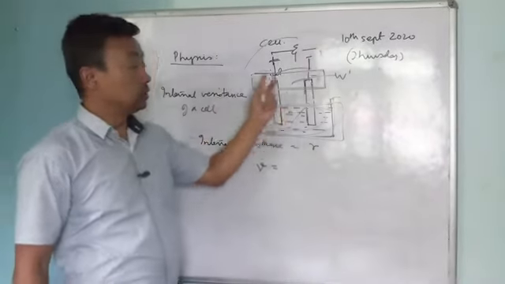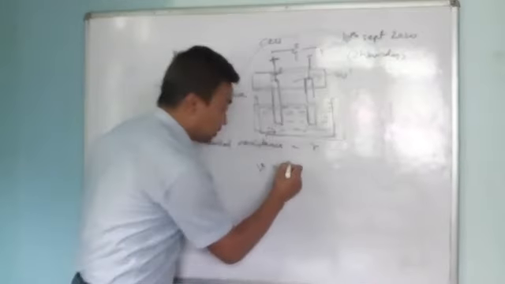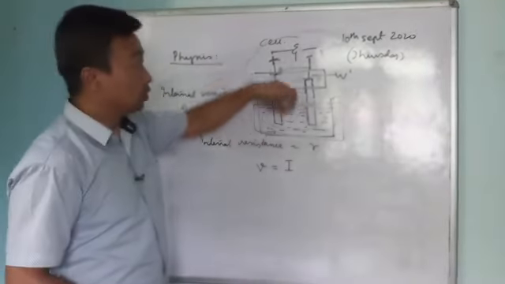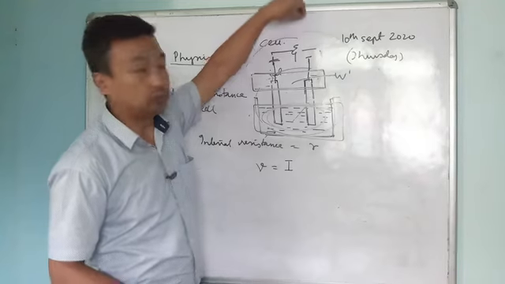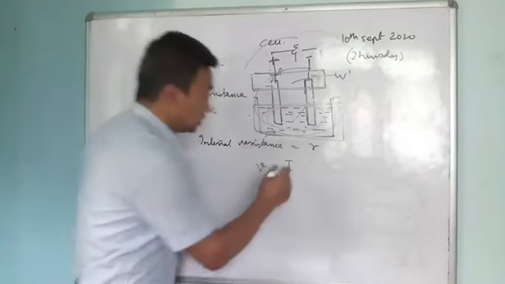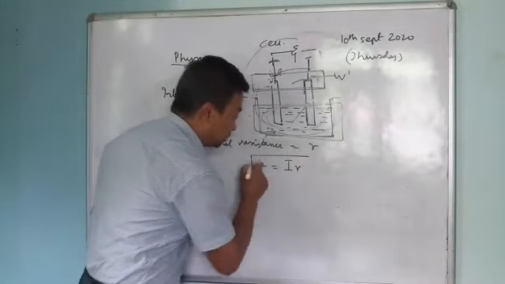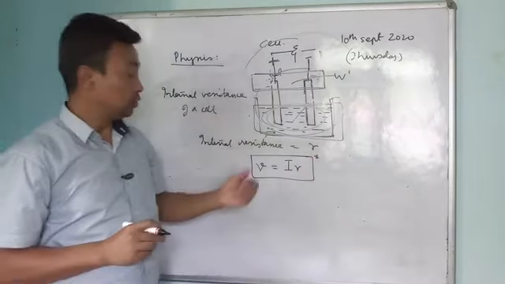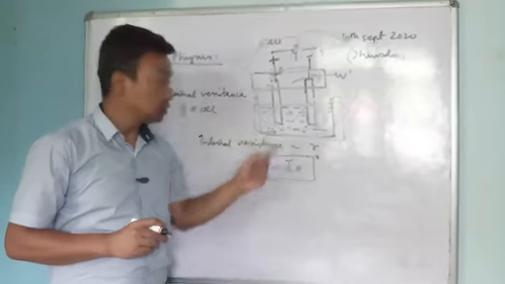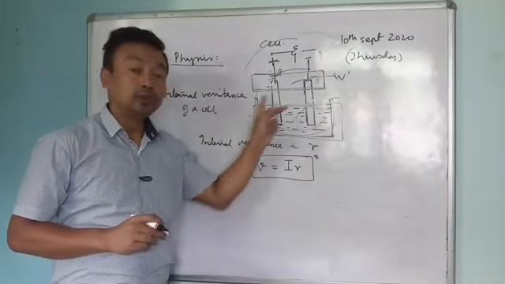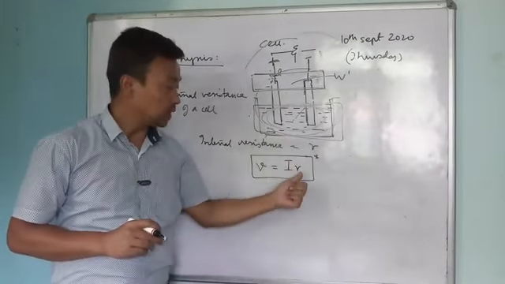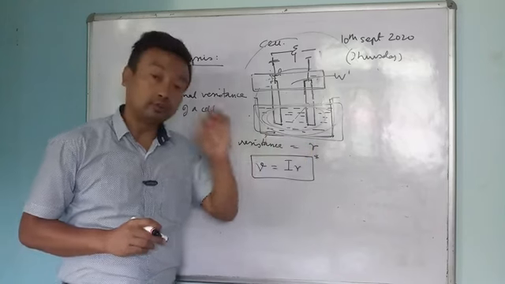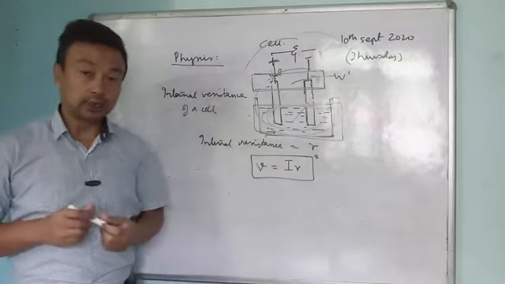And the same current is flowing, that is capital I. The current is flowing from the cell, or it is being drawn out from the cell. And what is the resistance there? Small r. So this is the relation. For the internal resistance, you have the voltage drop, the potential difference through the electrolyte, and the resistance offered by the electrolyte.